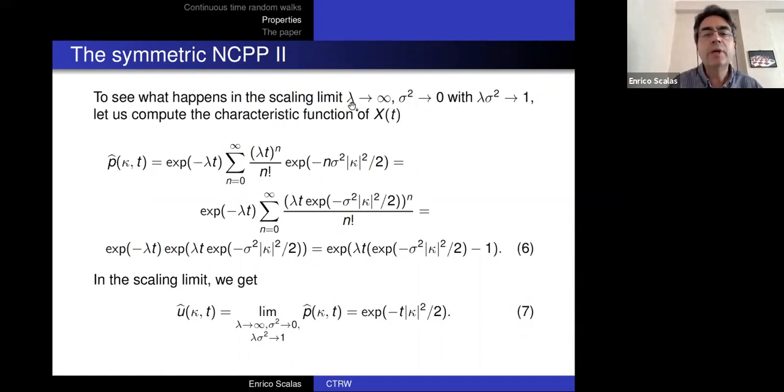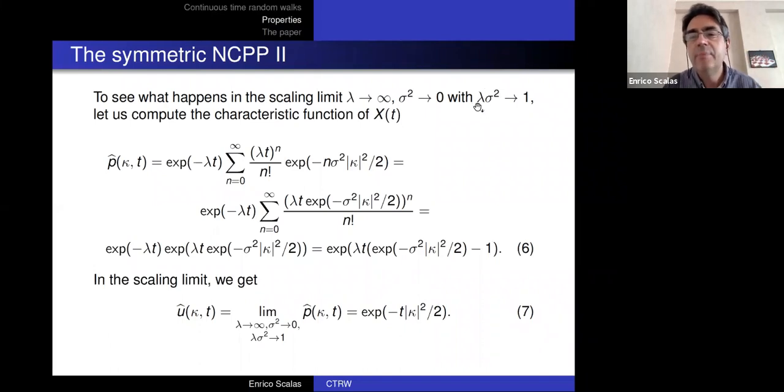Now we are considering this limit, lambda to infinity, sigma squared to 0, which means that the waiting times between events have averages becoming smaller and smaller. Remember that 1 over lambda is the expectation of the waiting times if they are exponentially distributed. The variance of the jumps is also becoming smaller and smaller. So you are exactly doing this scaling limit that we have seen intuitively yesterday with the Monte Carlo simulation.